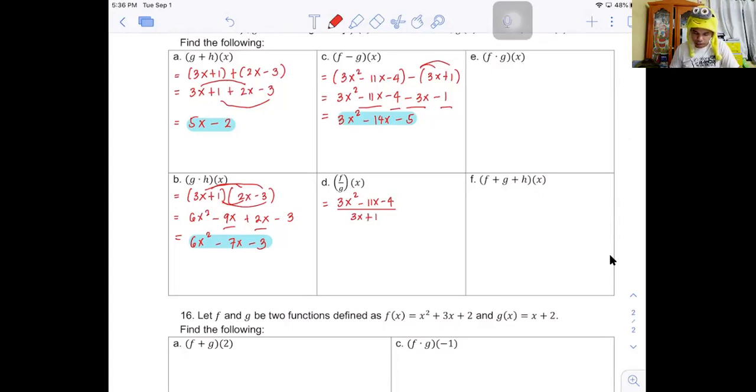So you just multiply 3 times negative 4 which is negative 12. Which numbers have a product of negative 12 but a sum of negative 11? Those numbers are negative 12 and 1. Let's verify. Negative 12 times 1 is negative 12. Negative 12 plus 1 is negative 11.